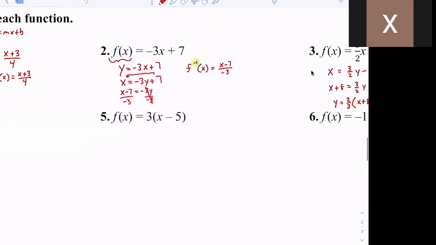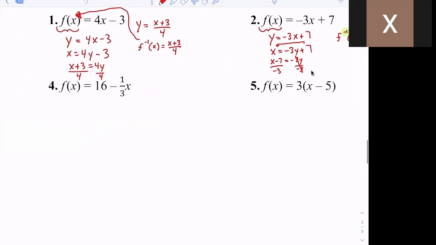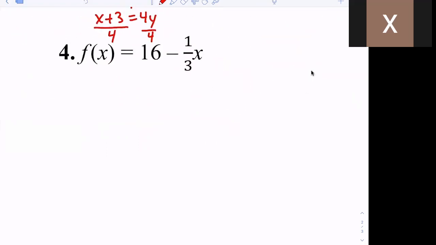Now let's see how you're doing on number 4. Automatically I'm just going to change f of x to x. x equals 16 minus 1/3 y. Come on now, guys. If you're having trouble, you're trying to save the work now.